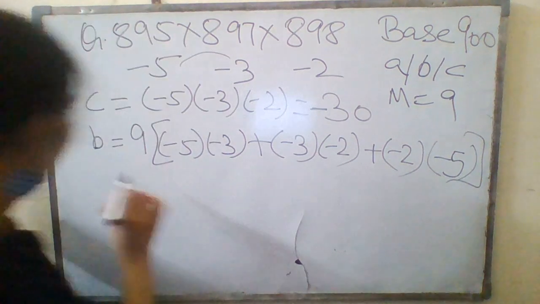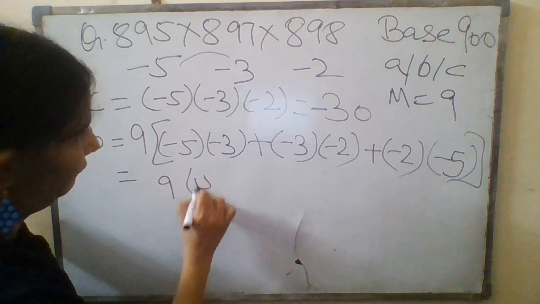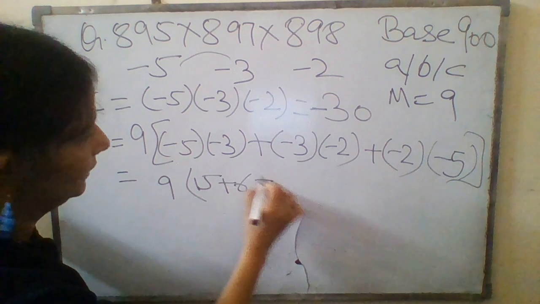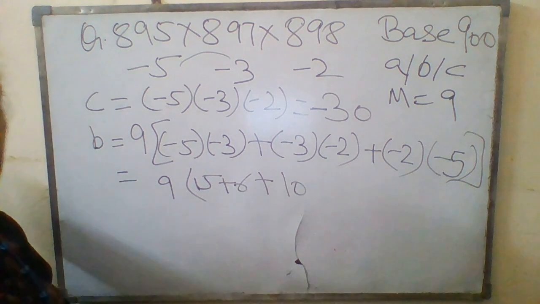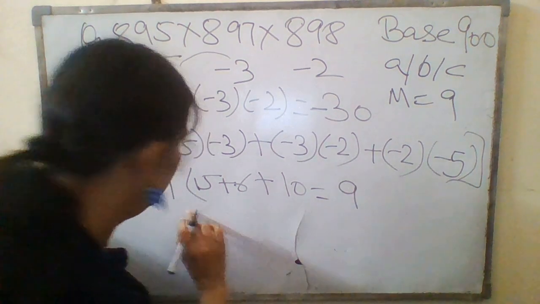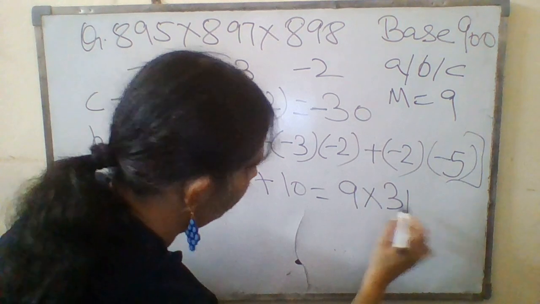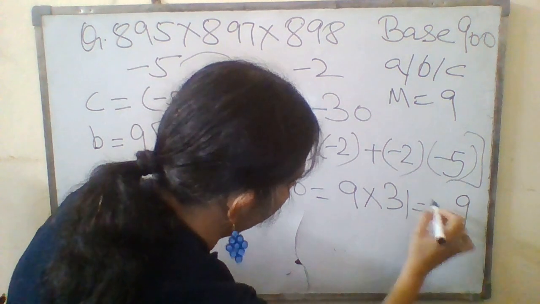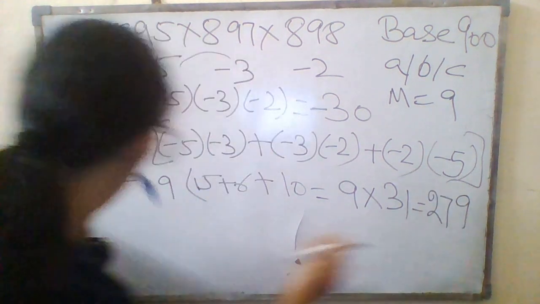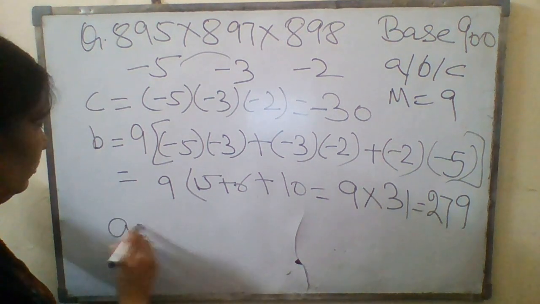Okay, bracket close. Now see, 9 and in bracket 5 3s are 15 plus 6 plus 10. So this will be equal to 9 into 31, and when you will multiply it, you will get here 279.